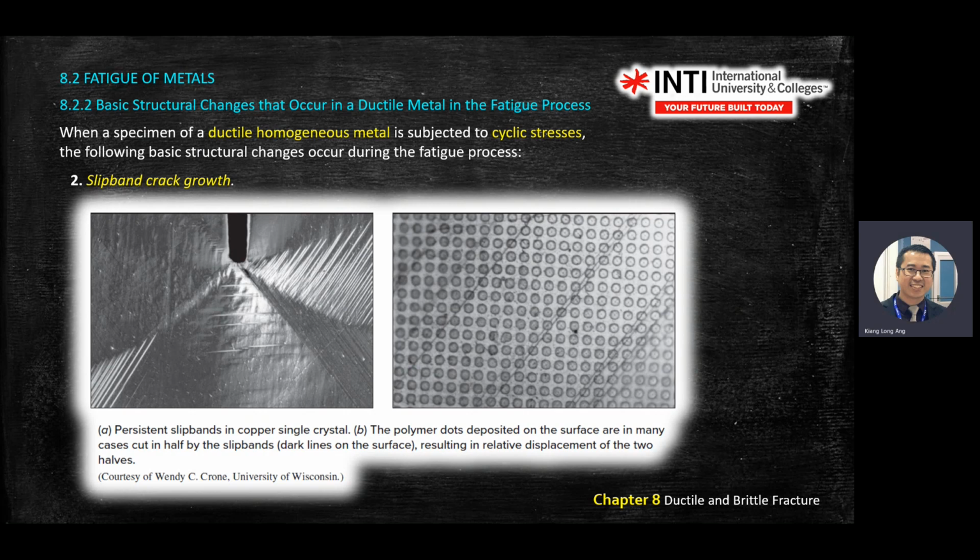So on the right diagram here, it's like steel inside the concrete. Then there's a resin put inside there. When the fatigue happens, it will just crack like that. That's why you see there's a straight line on the microscope slide here.